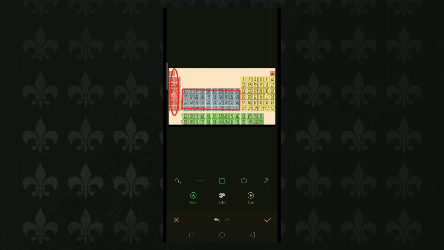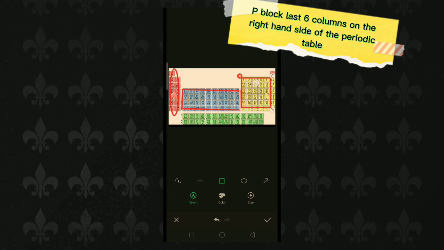And P block: last 6 columns on the right hand side of the periodic table. This is the P block, 6 columns.